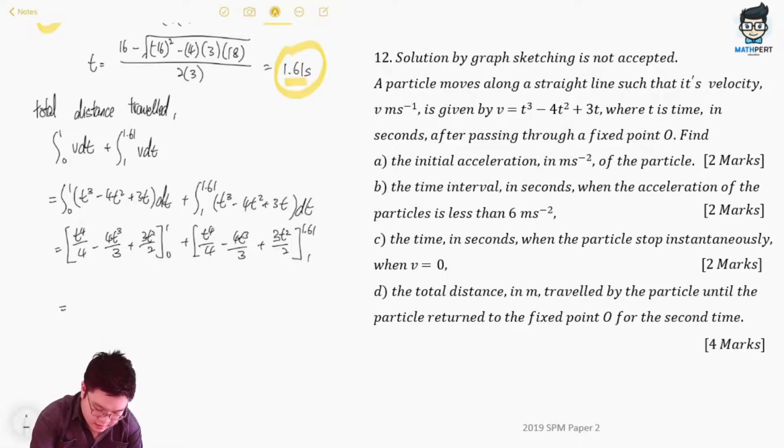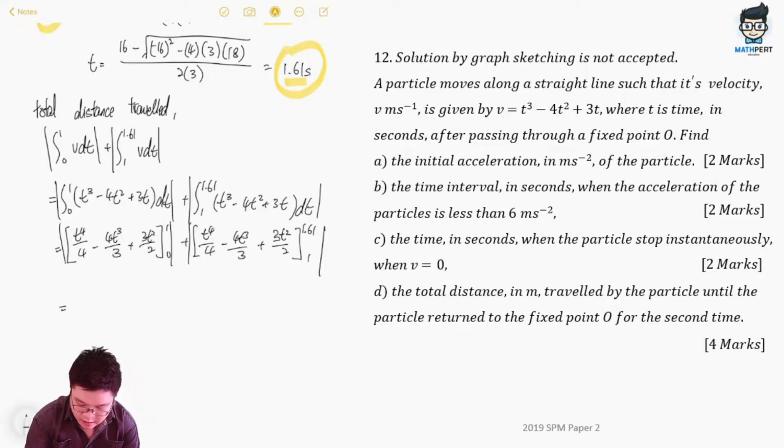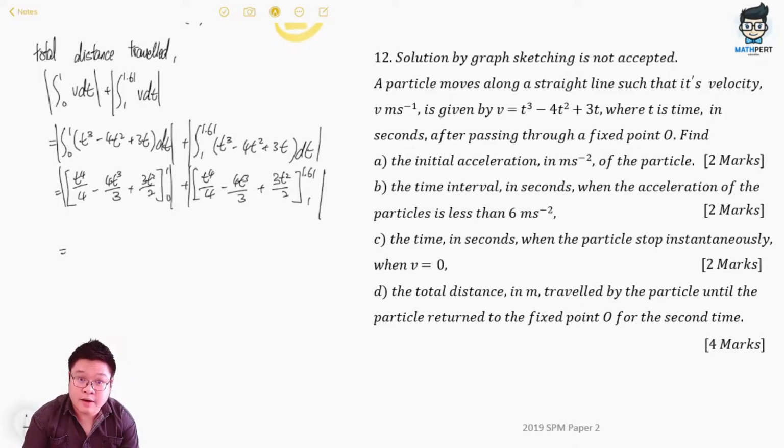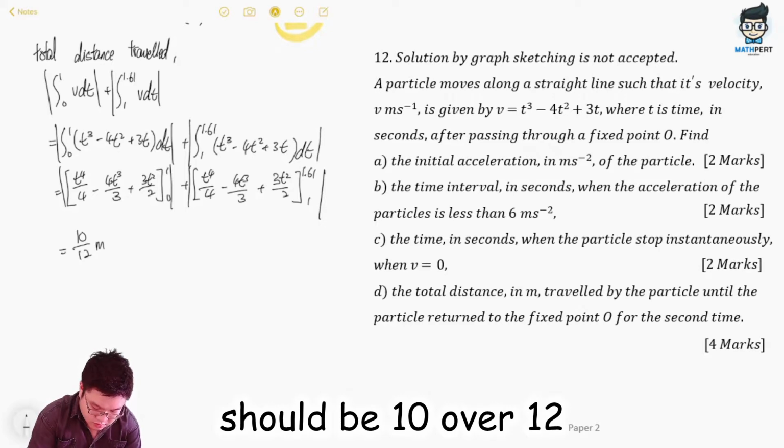Bear in mind that you need to put a modulus because you might get a negative. If you get a negative, it will cancel out and your answer is not correct. In the end, if you use your calculator, you will get 10.12 meters.